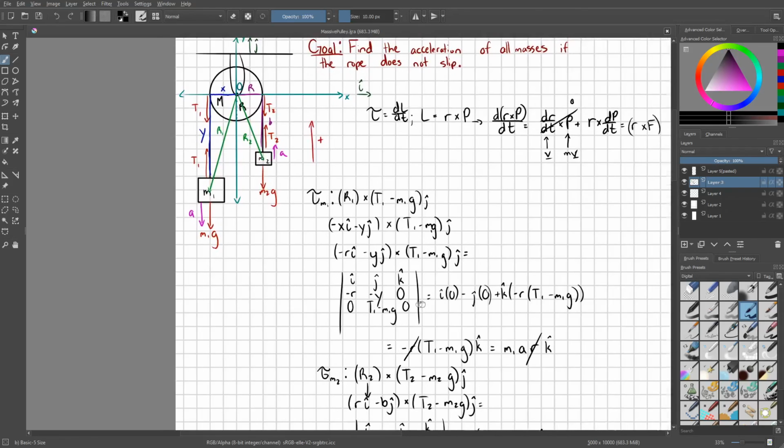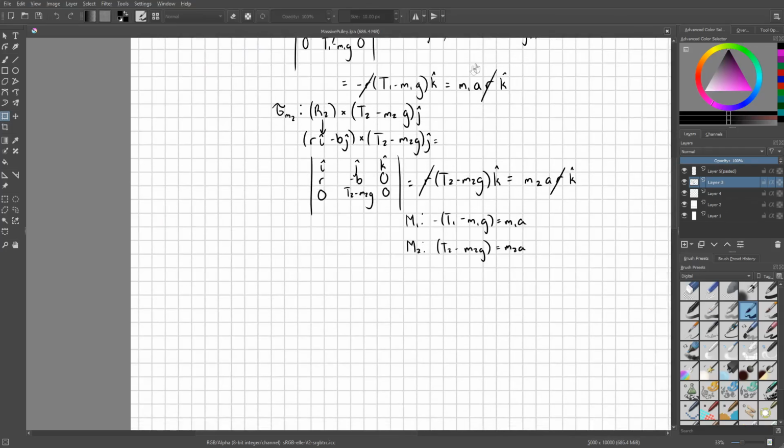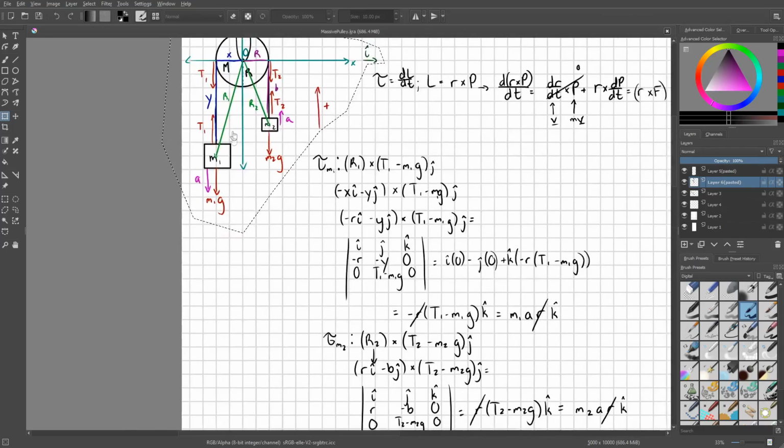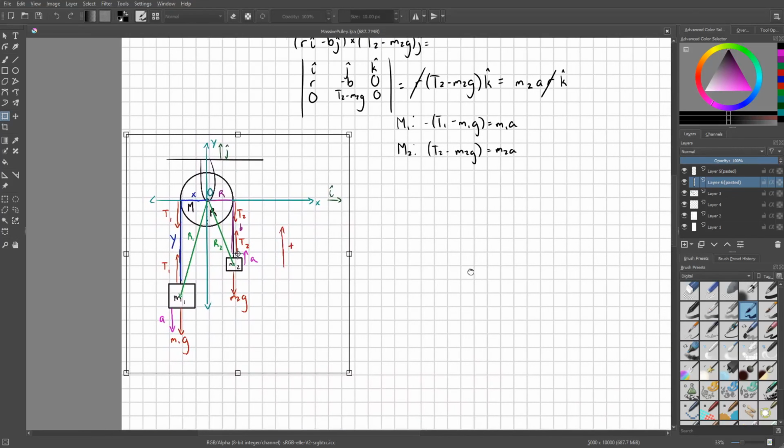So, I'm going to go ahead and I think it'll be a good idea to copy this diagram and move it down a little bit as I work more with it. So I'll go ahead and do that. I'm going to move it down.